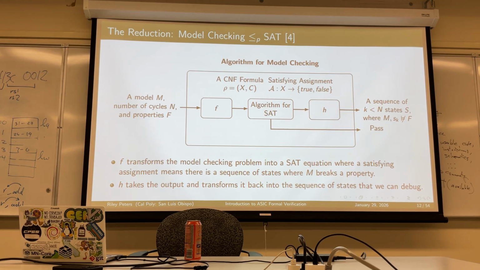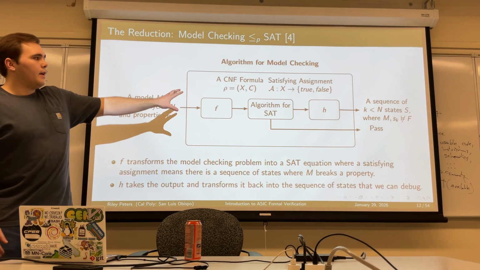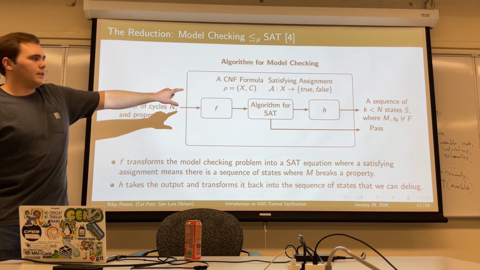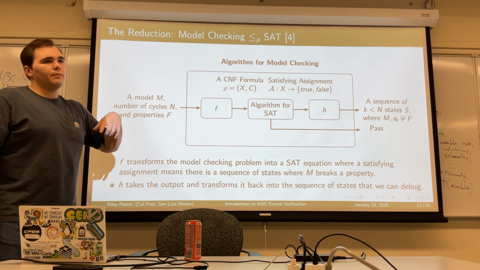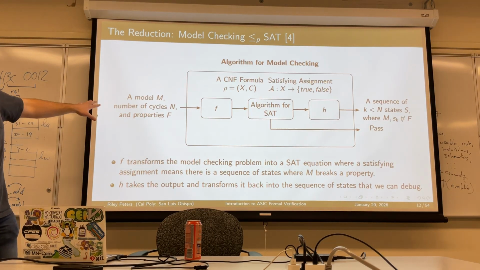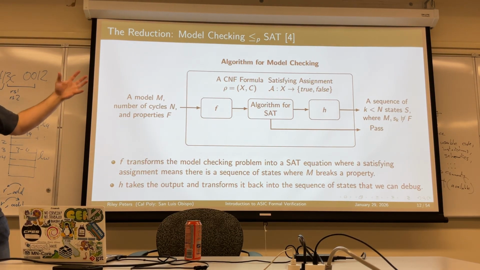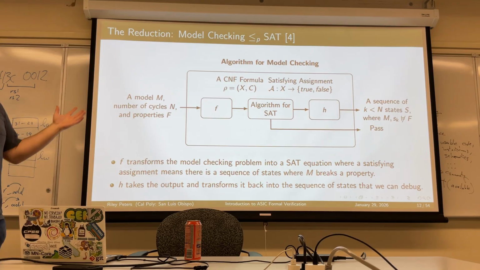And if it isn't satisfiable, then you pass your checks. So the SAT solver will run, and if it finds some satisfying assignment, the tool will turn that into a counterexample that you can use to debug your system. And if there is no counterexample, it'll say your system passed checks.